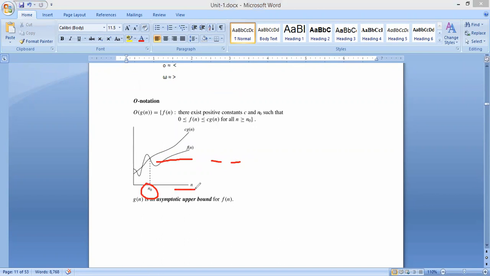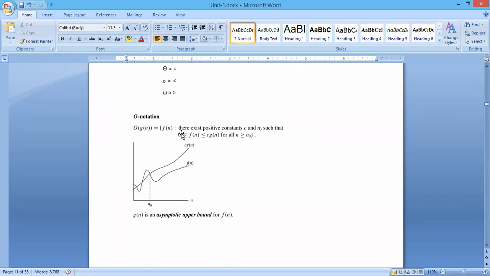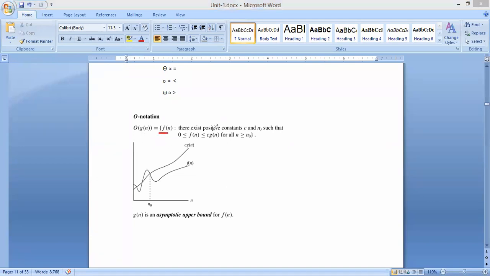Here we have up to n0, n1, n2, n3. This is our function. And here we have this f of n. There exists a positive constant c and n0 such that 0 is less than or equal to f of n, which is less than or equal to c g of n. This is the equation.